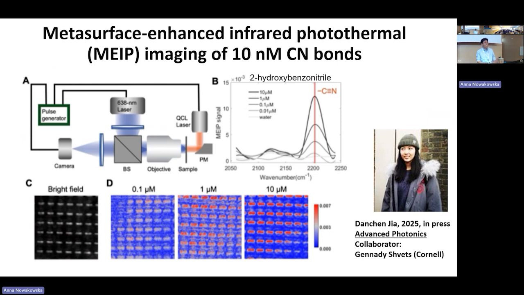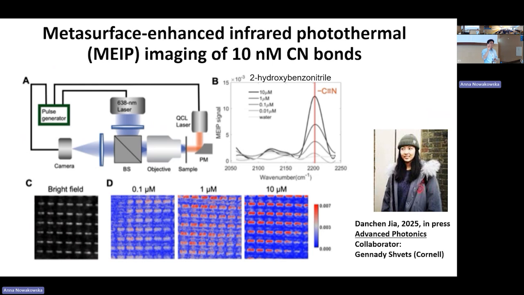We have another direction of the field, which we have done a little bit. I'm happy to share with you today, coupling this method with metasurface. In this case, we have a collaboration with Cornell University, which provides these nanorod antennas.